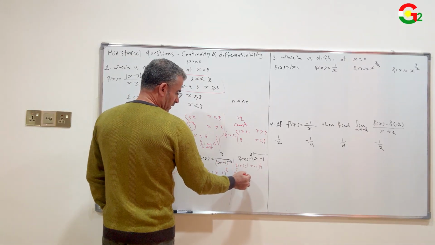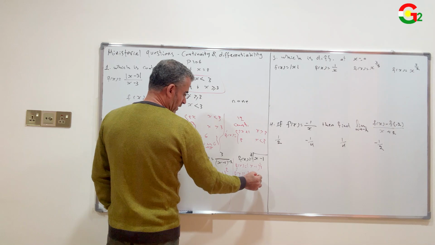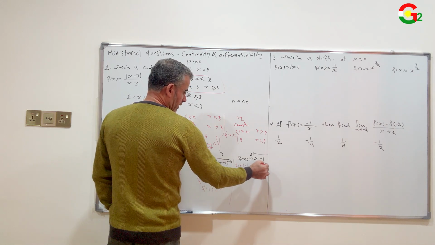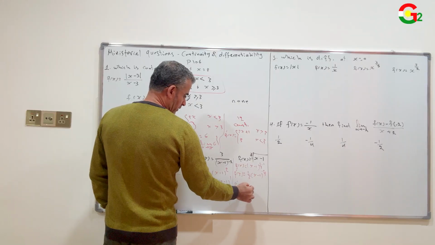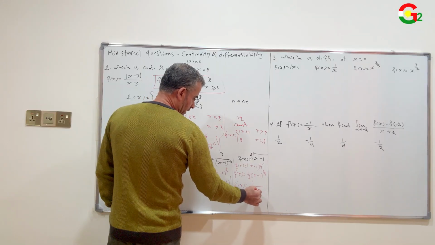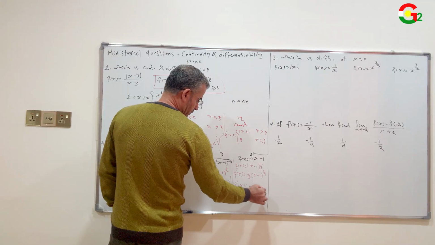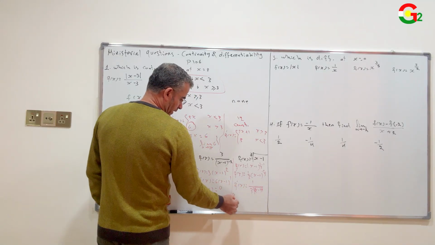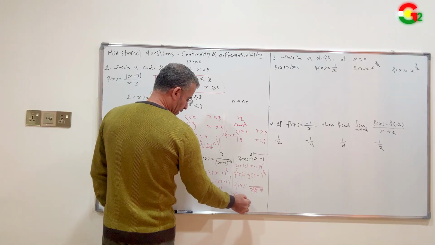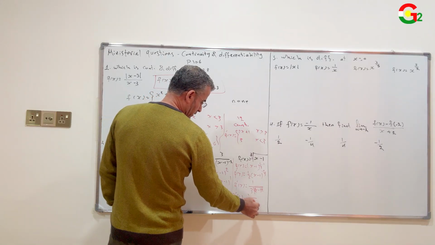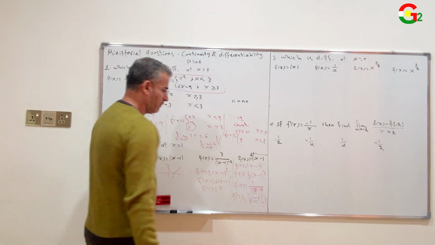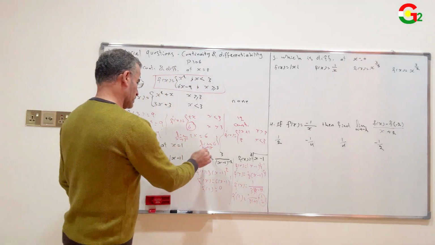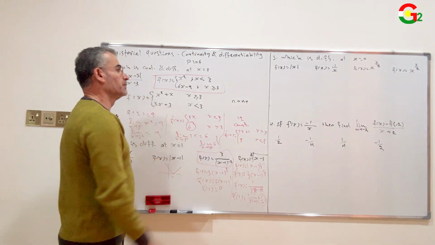The derivative of this function is 1 over 3 times x minus 1 to the power negative 2 over 3, so f prime of x equals 1 over 3 times the cube root of x minus 1, squared. Therefore, f prime of 1 equals 1 over 3 times 0, since 1 minus 1 is 0. 1 over 0 is undefined. Therefore, the right choice is C.